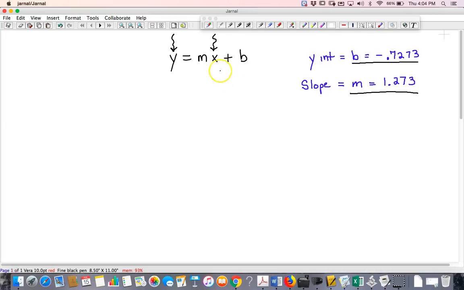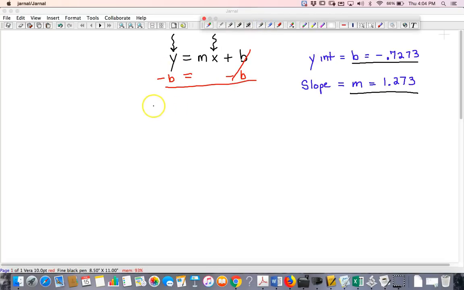So we're going to do minus b to both sides, because it's an equation. And what you get, party people, is y minus b equals mx. Now we're going to get rid of the slope, so we divide both sides by m.